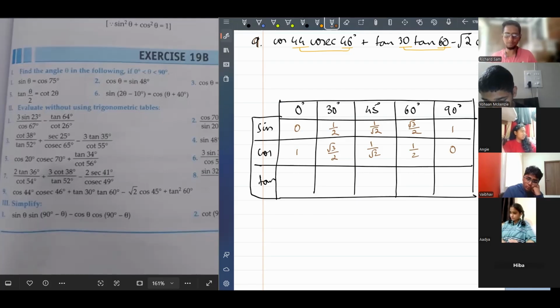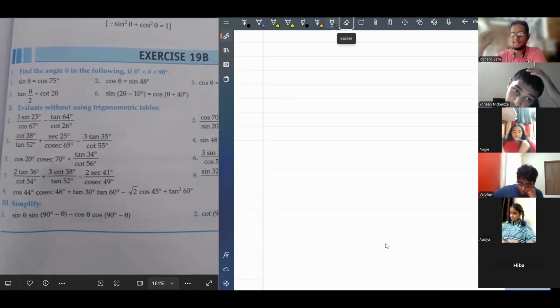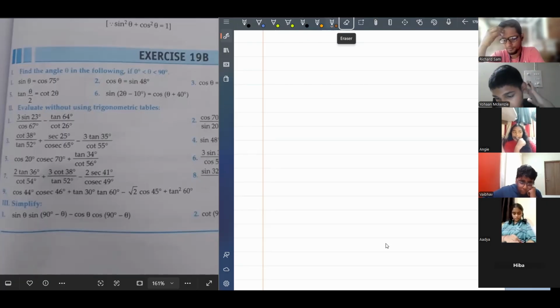Let me ask you all now. Hiba, what is cos 30 degree? Root 3 by 2. Angie, what is cos 90 degree? 0. Vaibhav, what is sine 60 degree? Root 3 upon 2. Johan, what is cos 30 degree?